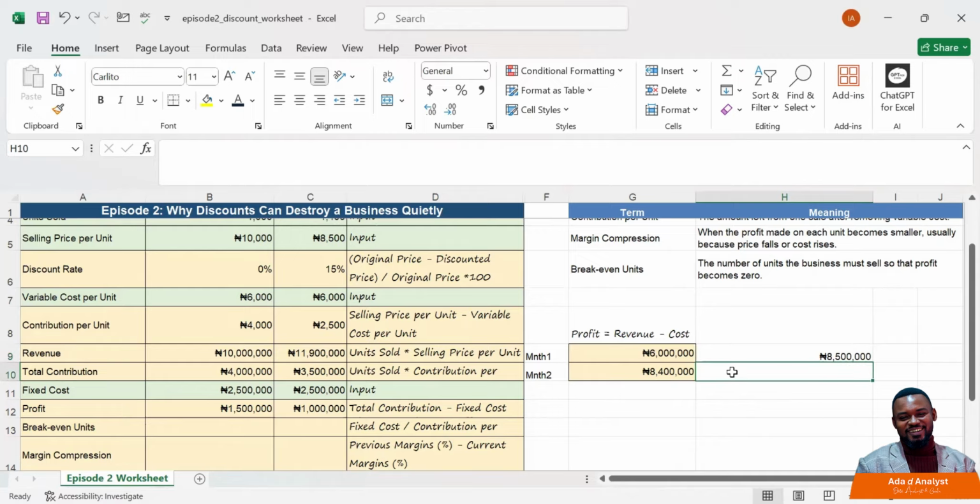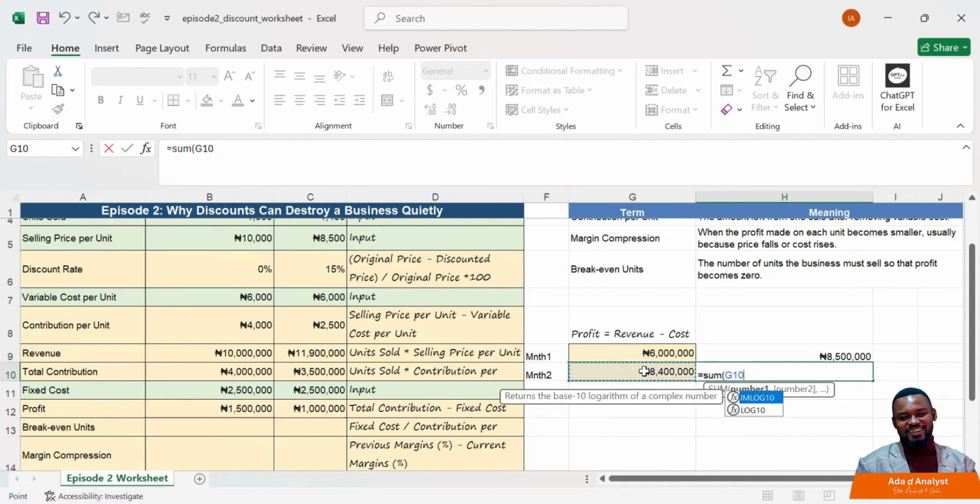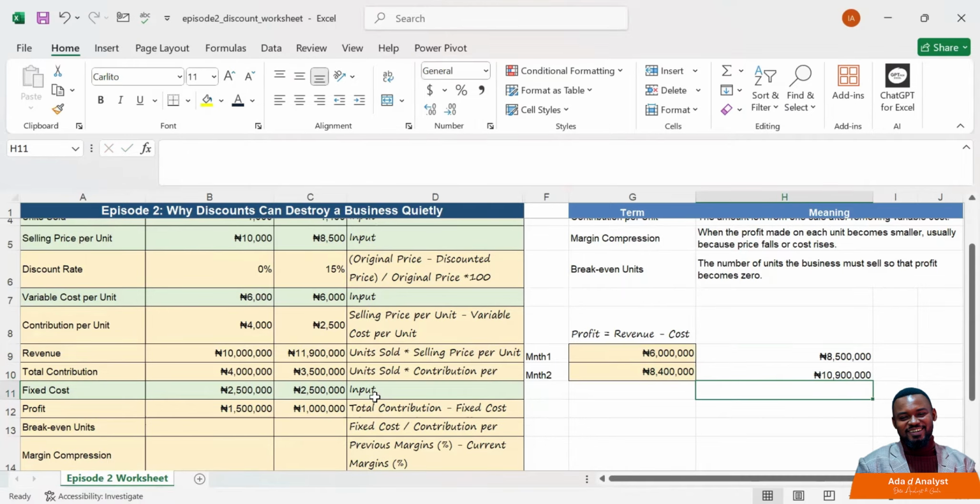What about month two? We'll say equals sum. Sum is a function that is used to add up. We'll say sum, open parentheses, our variable cost for month two, and we are adding that with our fixed cost for month two, and we hit enter.